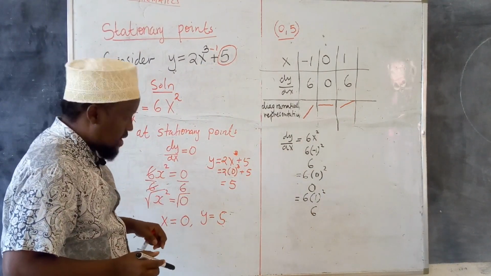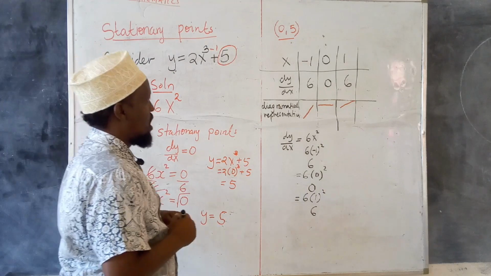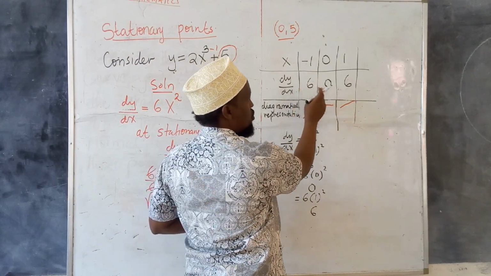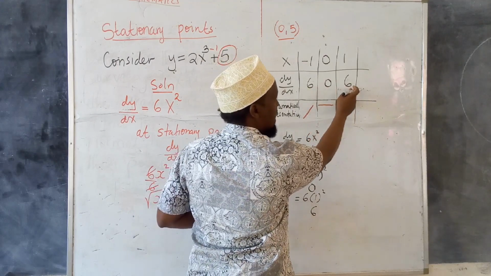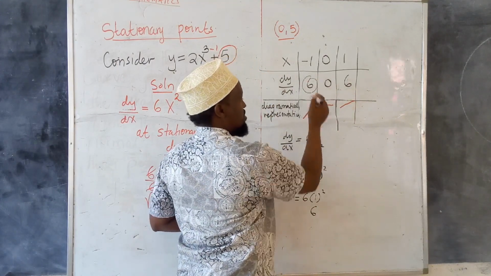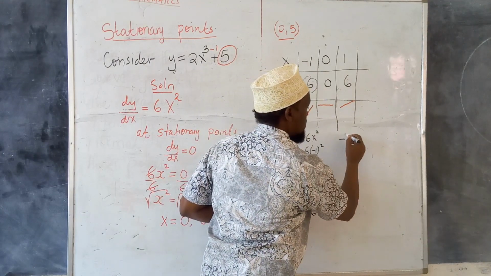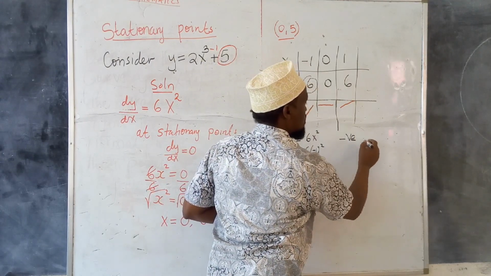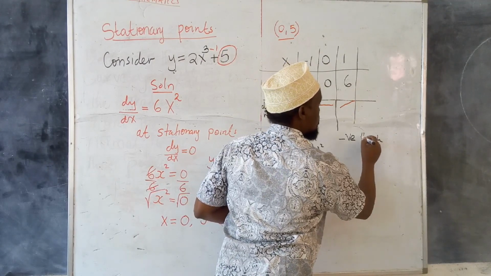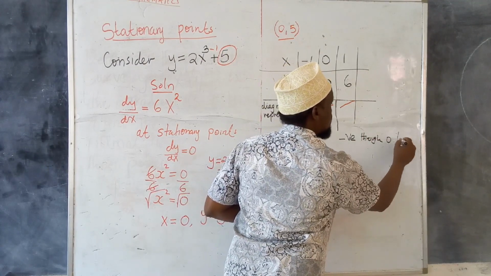Now, there is one thing we have to note here. As we move from left through 0 to the right, the sign of the gradient is changing from positive through 0 to positive.